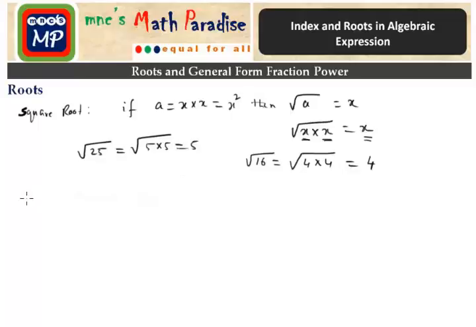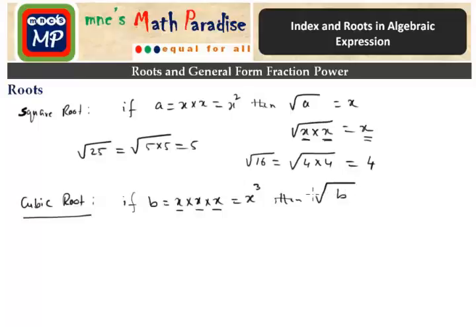Similarly, cubic root. If a number is a multiple of the same number 3 times, that means x to the power 3, then that number's cubic root, we write the cubic root sign and a 3 here, will be x. That means cubic root of x times x times x is x.